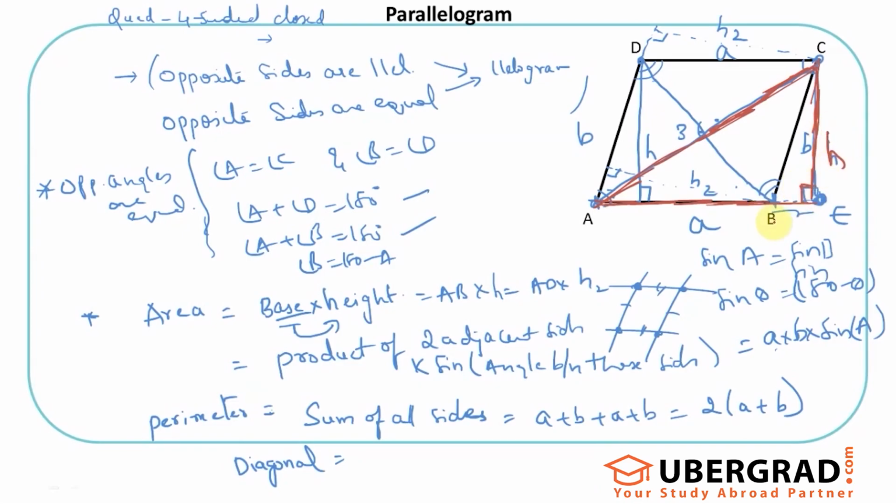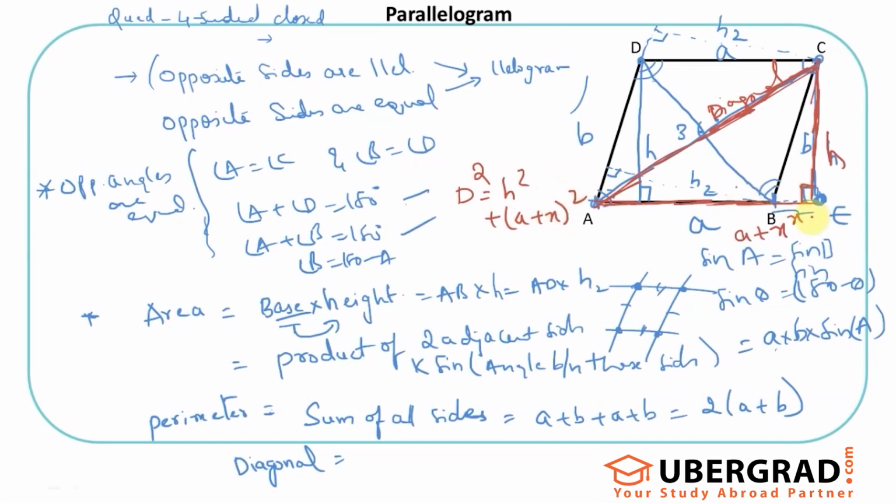This is height h. If I take this to be x, the entire AE will be A plus x, and the diagonal is what I need to find. So I'll use the Pythagoras theorem on the right angle triangle, and the diagonal square equals h square plus A plus x whole square.